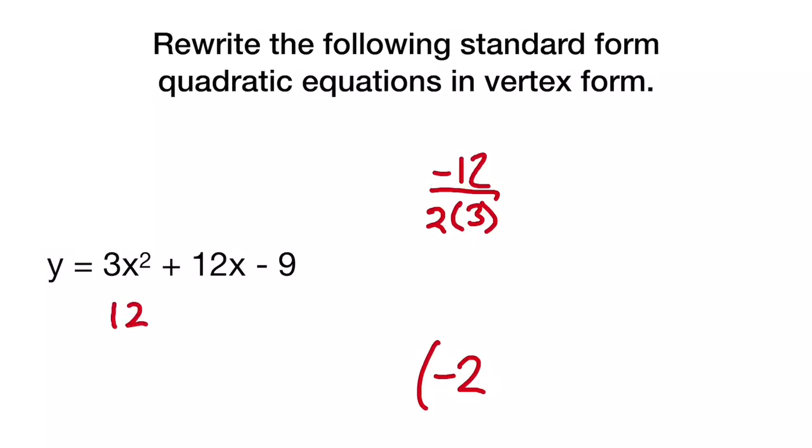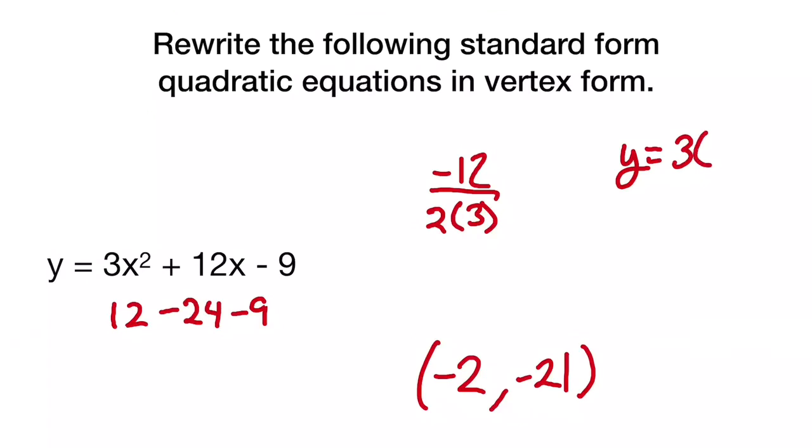Plus, in this case, -2 times 12 is -24, minus 9. So 12 minus 24 is -12. Minus 9 is -21. At which point, y equals 3 times x plus 2 squared minus 21.